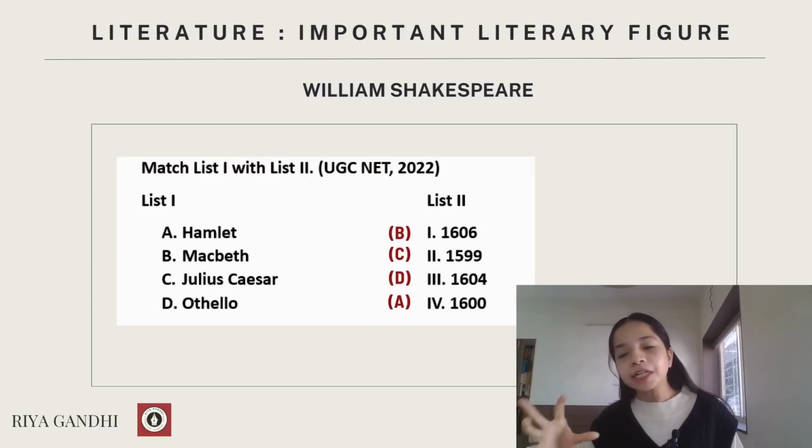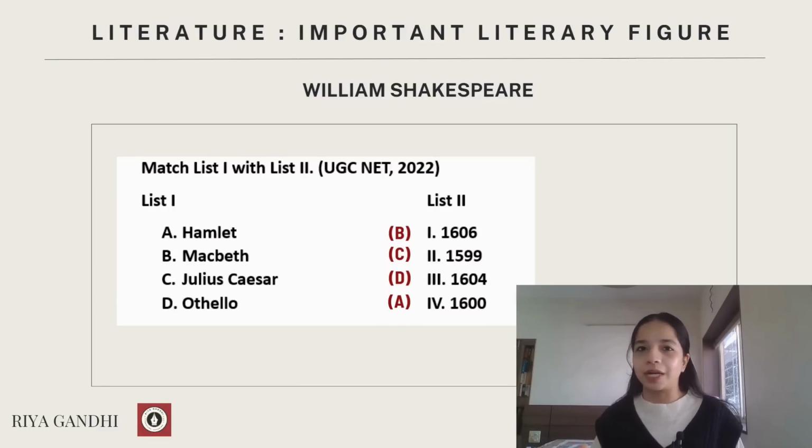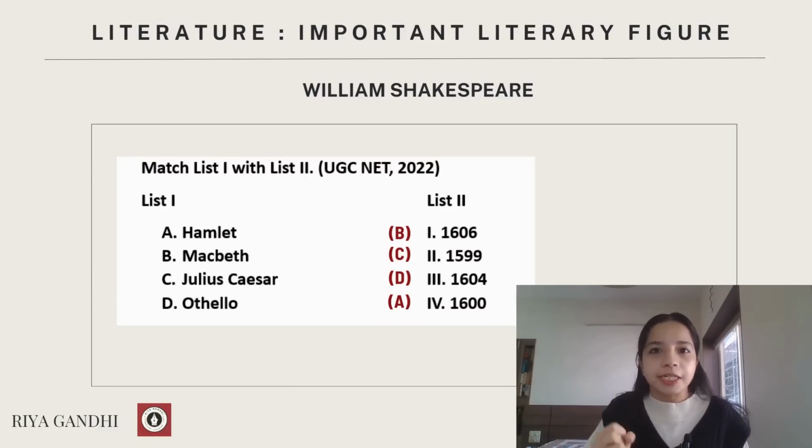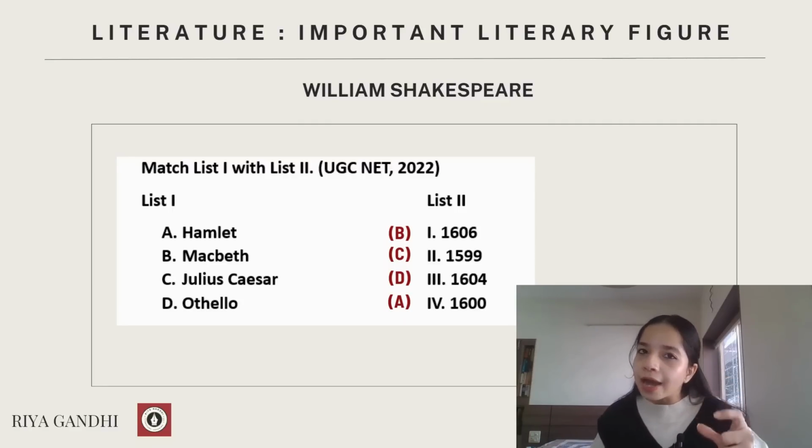There are different kinds of questions asked when it comes to Shakespeare: questions related to the quotes, facts, or anything related to the characters. It is a very comprehensive video which will help you in understanding how you should approach and how you should prepare for William Shakespeare when it comes to the UGC NET English exam.